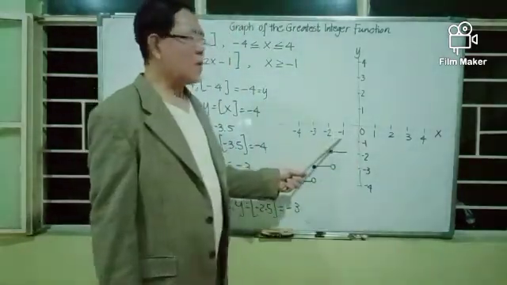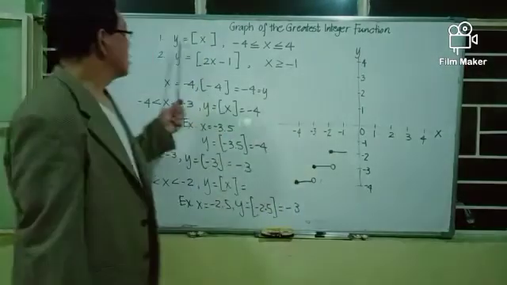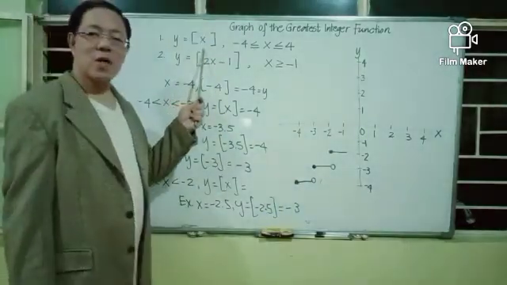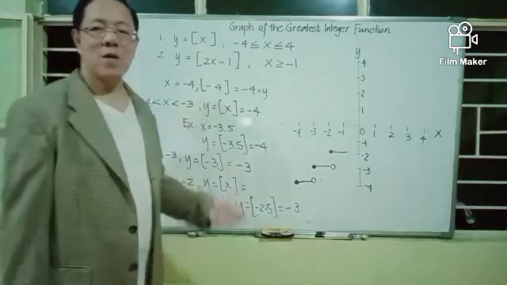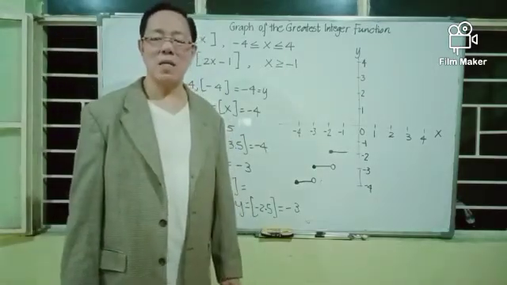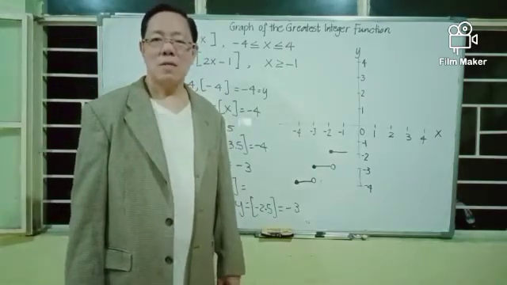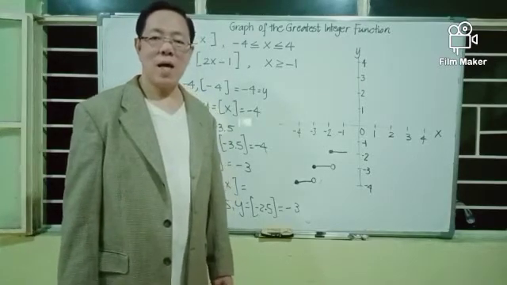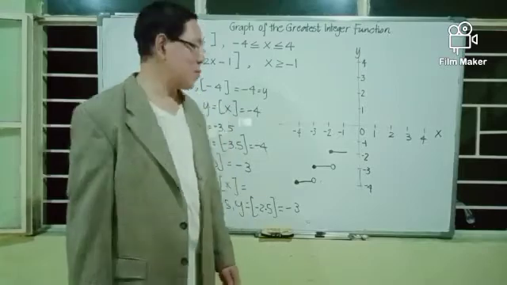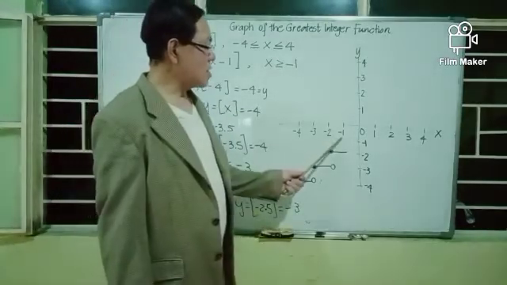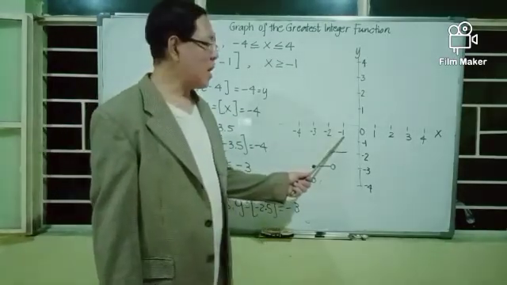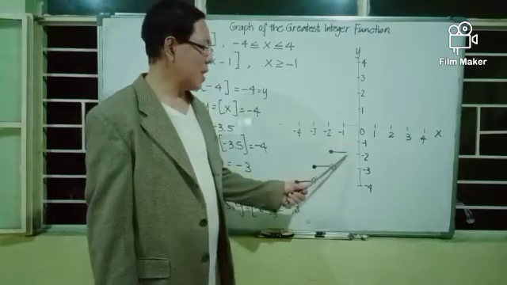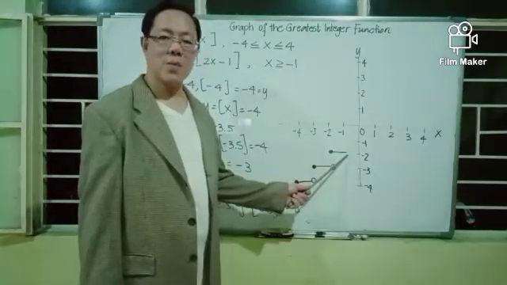But when x equals negative 1, the value of y is the floor of negative 1, which is the greatest integer that is less than or equal to negative 1, and that integer is negative 1. Thus, when x is negative 1, the value of y is negative 1 and not negative 2.